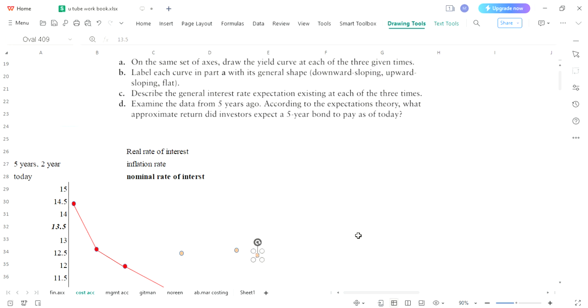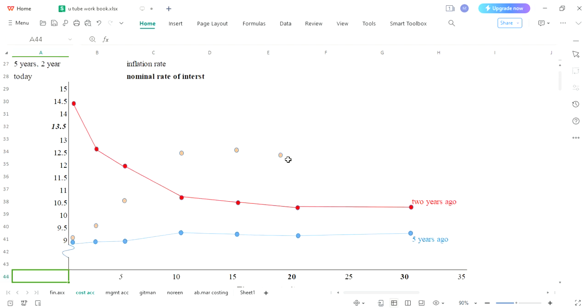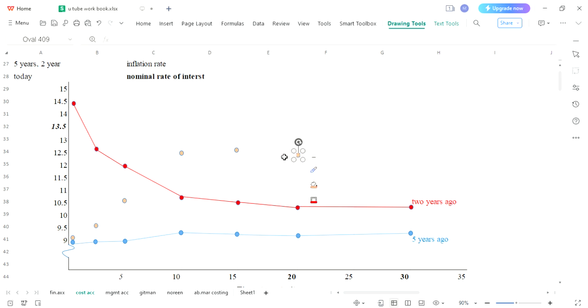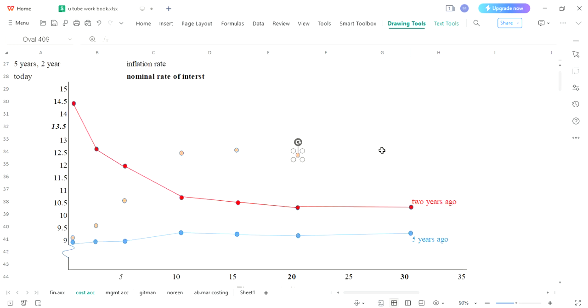And now for the next point, where to go? The next part is for 20 years. Take this point to 20 years. Okay. For 20 years our rate is 12.9. 12.9 would have a similar space, a little below 13.